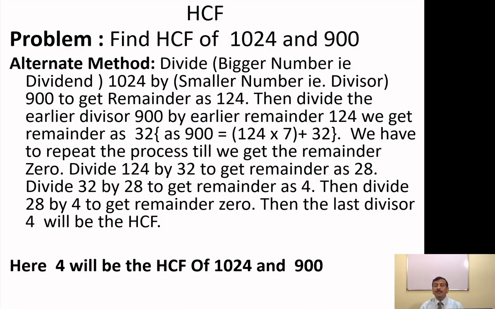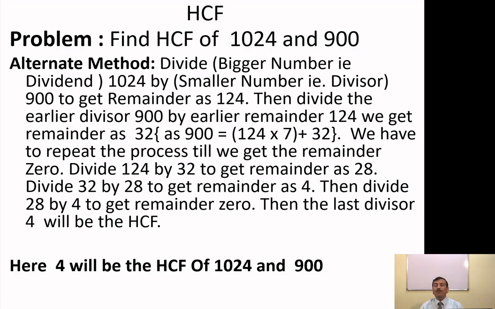Divide the bigger number, that is the dividend 1024, by the smaller number, the divisor 900, to get the remainder 124. Then divide the earlier divisor 900 by the earlier remainder 124, and we get remainder 32, because 900 is 124 into 7 plus 32. We have to repeat this process till we get the remainder 0.